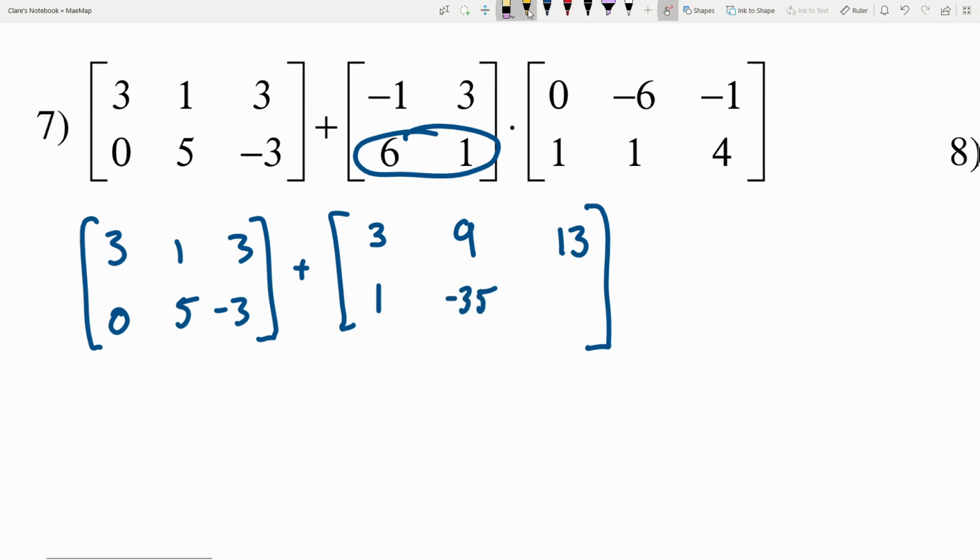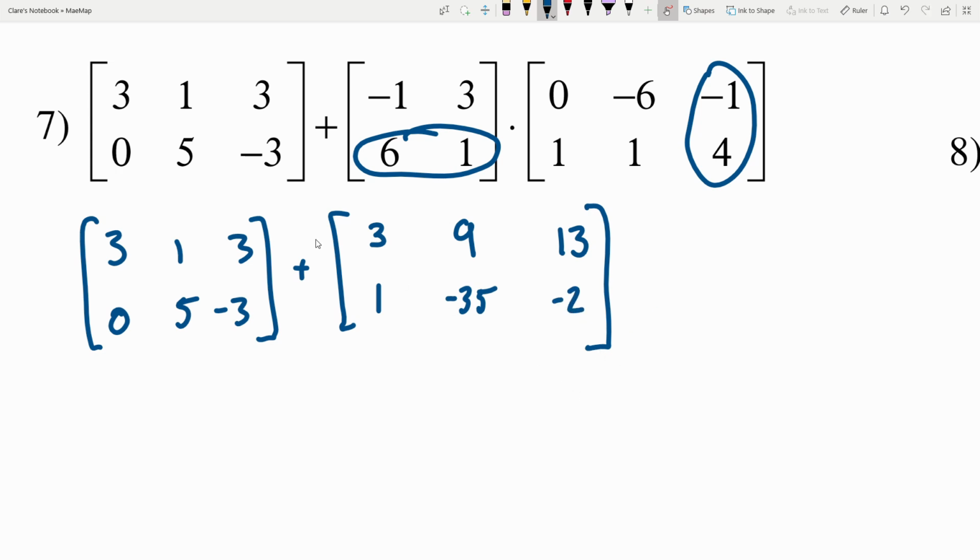And then, dotting my second row with my third column will give me the entry in row 2, column 3. So 6 times -1 is a -6, and I'll add that to 1 times 4, which is a positive 4. -6 plus 4 gives me a -2.